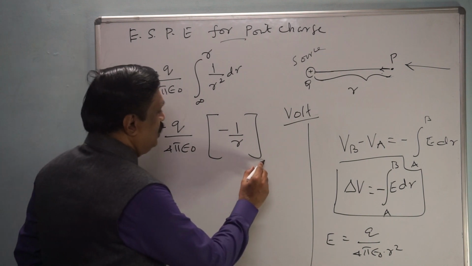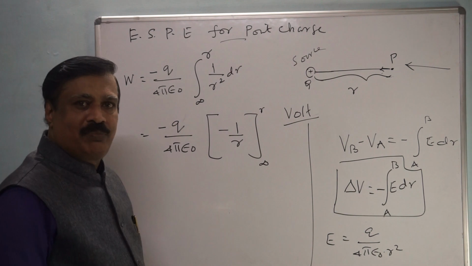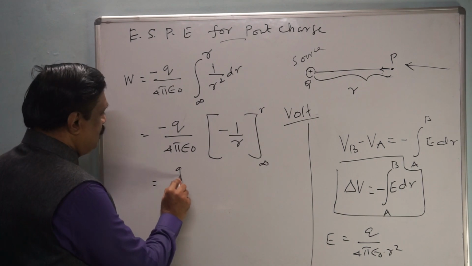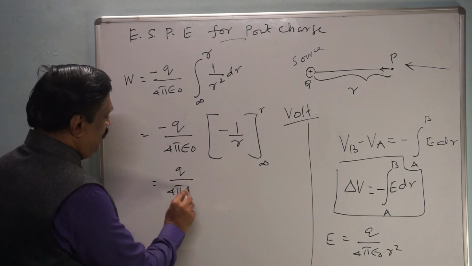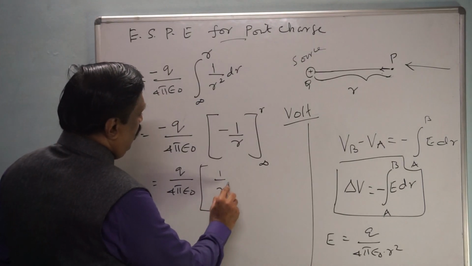Therefore, with limits infinity to R, this minus and minus gives plus, so you will get Q by 4 pi epsilon 0 times 1 by R.